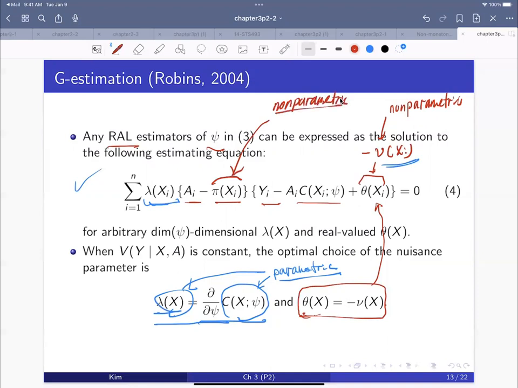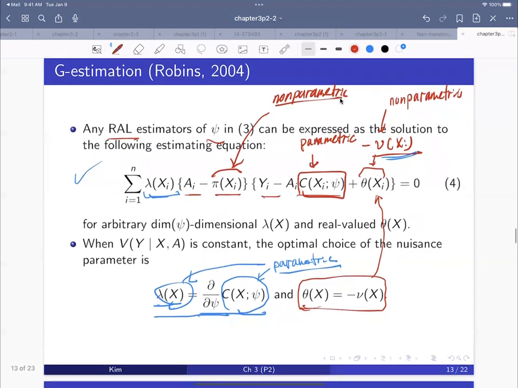So we allow pi(x) to be non-parametric, nu(x) to be non-parametric, but the blip is parametric. That's why it is a semi-parametric method.